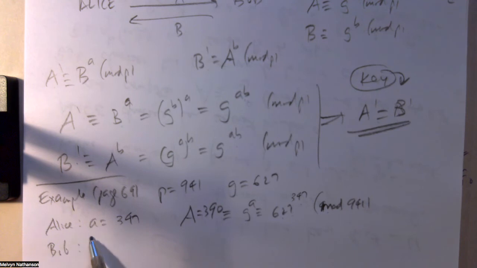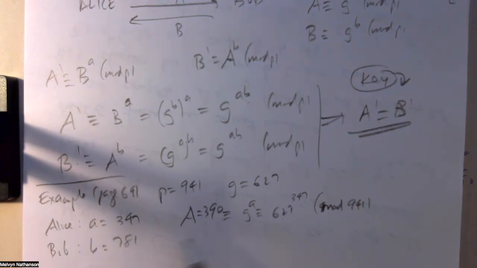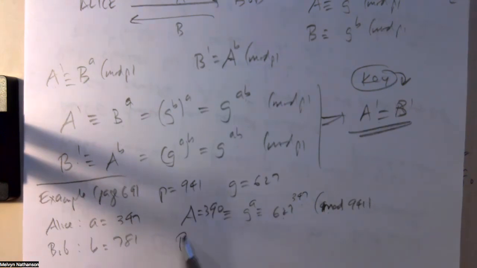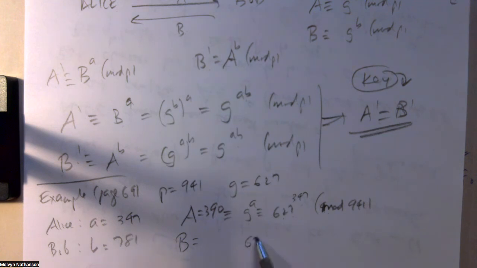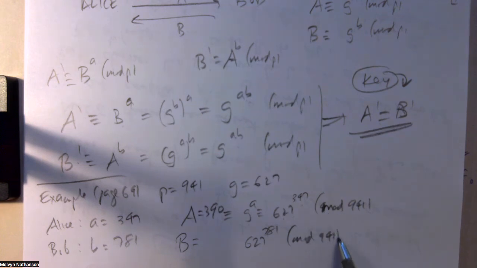Let's say Bob chooses his secret number, little b, to be equal to 781. And then the number he's going to transmit is 627 to the power of 781, reduced mod 941.